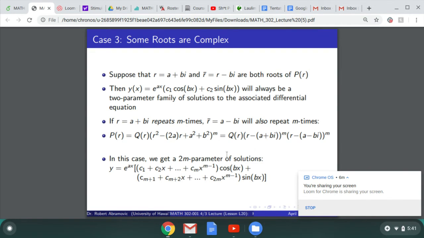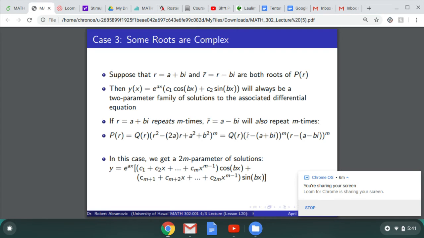In this case, we get a 2m parameter family of solutions: e to the ax times c1 through cm x to the m minus 1 times cosine bx. So it's the same thing. You just keep multiplying e to the ax times cosine bx by higher and higher powers of x until you get to m minus 1. You don't get up to m, and the same thing for sine.